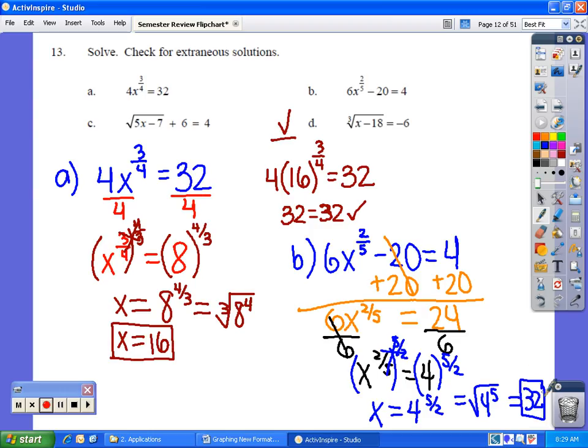Now the only way for us to know if 32 is the right answer is if we check it. And the check you can put all in your calculator. So we're going to have 6 times 32 to the 2/5 minus 20 should equal 4. Now remember, in a check, you never work out anything on the right side.